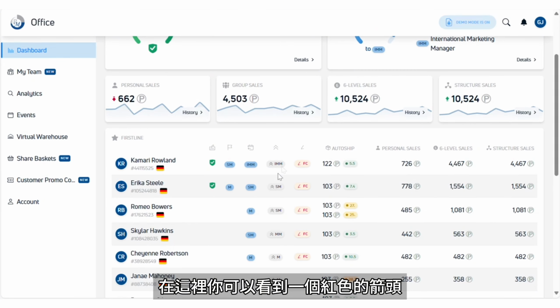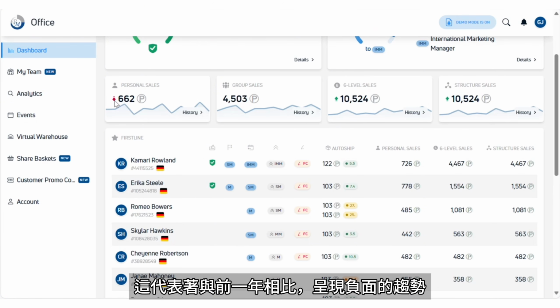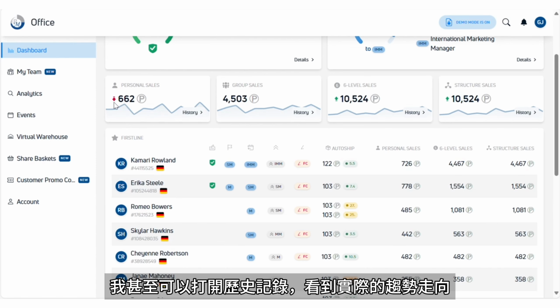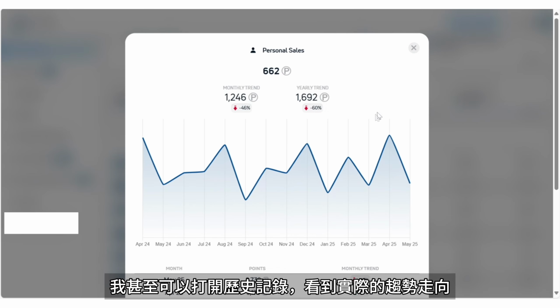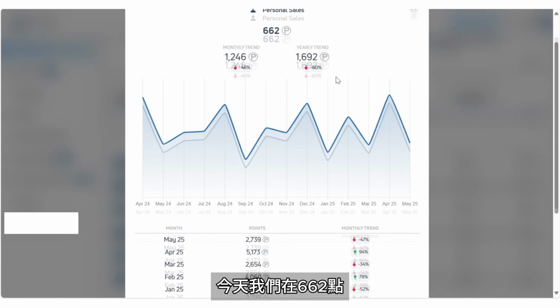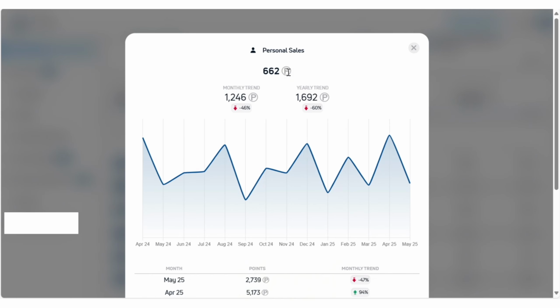So here you see with the red arrow, which goes down, that there is a negative trend compared to the previous year. I can even open the history and I see the actual trend. Today we are on 662 points.